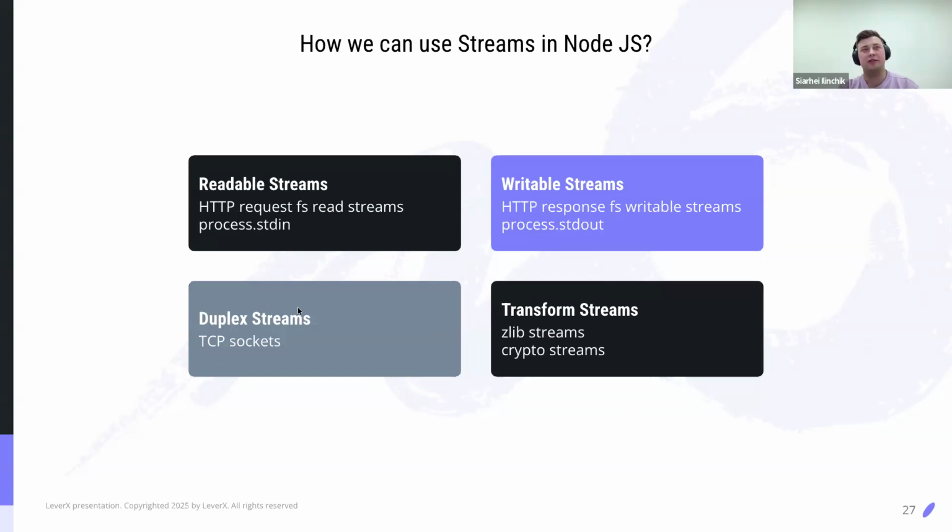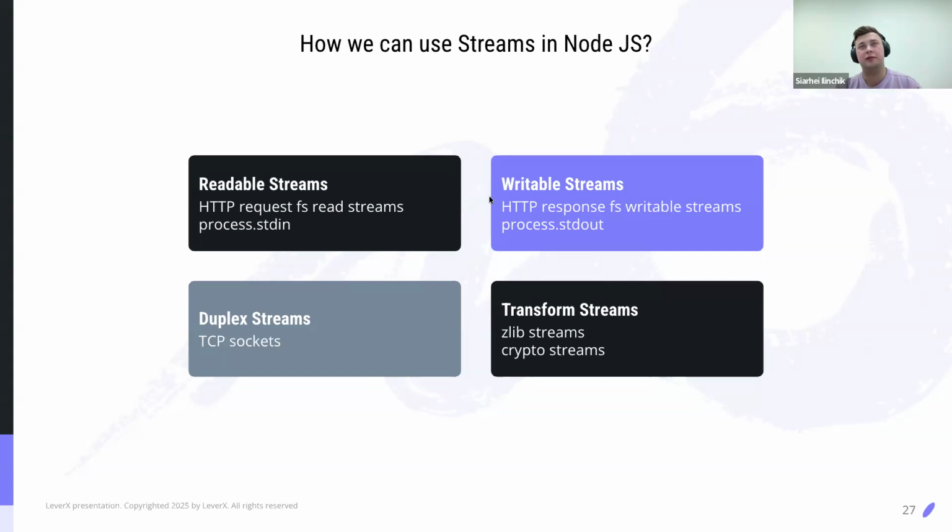So those are examples of where you can find the different types of streams in Node.js. For readable streams, it would be an HTTP request, or you can get a read stream from the file system. For instance, instead of reading the whole file, you can create a read stream out of this file and receive the contents chunk by chunk, instead of all at once.